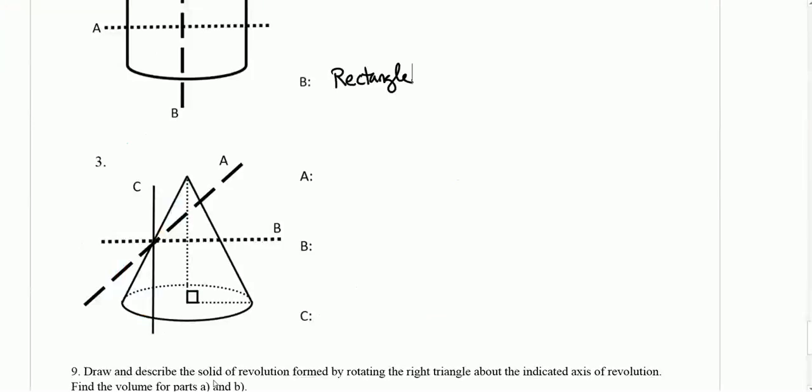So let's write that in. A was the diagonal cut, we had an ellipse. B, we had a circle. And C, we had a parabola.